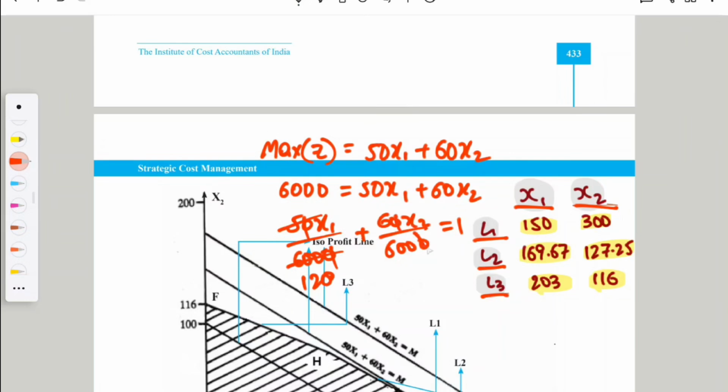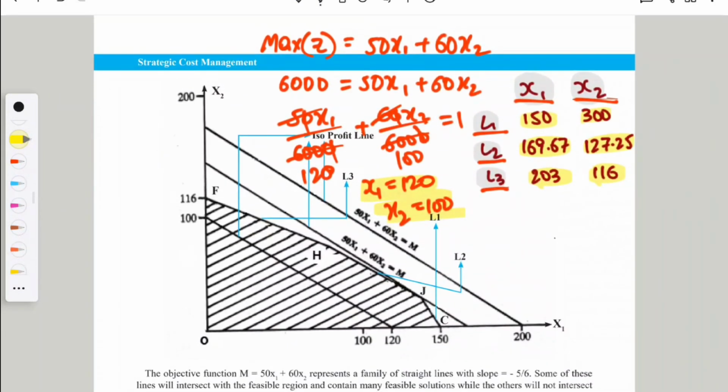Here the value of x2 becomes 100, right? This way we will find the values of x1 and x2, and then we are going to draw the isoprofit line. Just give me a second, I'm going to draw the isoprofit line.